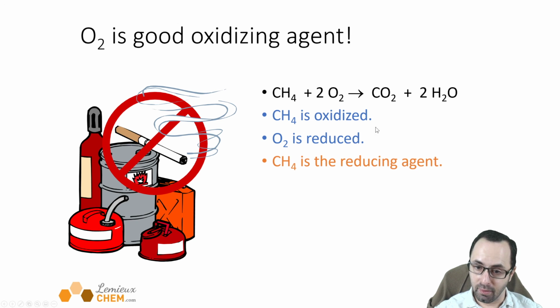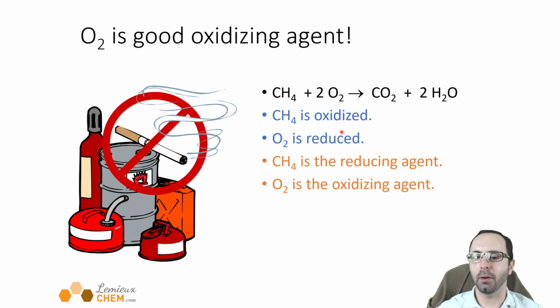So that means since the CH4 was oxidized, it is the reducing agent. And since the O2 was reduced, it is the oxidizing agent. Oxygen is a great oxidizing agent. It provides the oxygen atoms. It gets reduced. So, yes, that is the unfortunate terminology that we're dealing with.